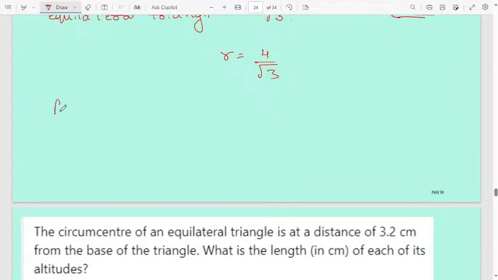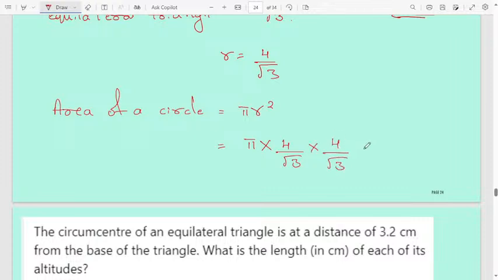Now you calculate area of a circle. Area of a circle will be equal to pi r square. Consider pi only, because they have given the option value in terms of pi. 4 divided by root 3 into 4 divided by root 3. This will be equal to 4 4s are 16.